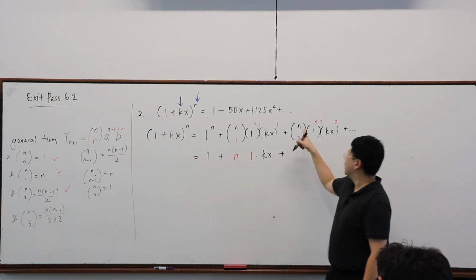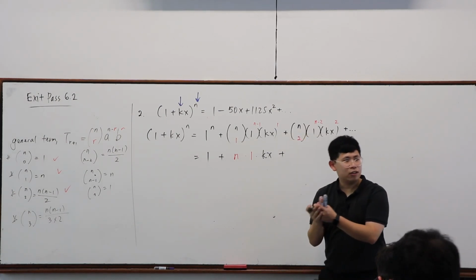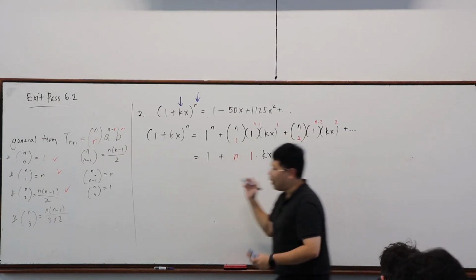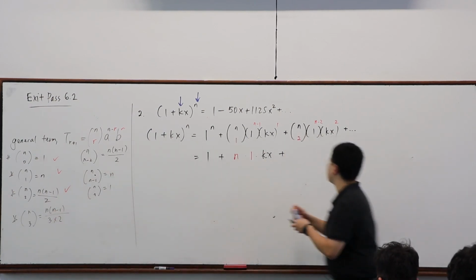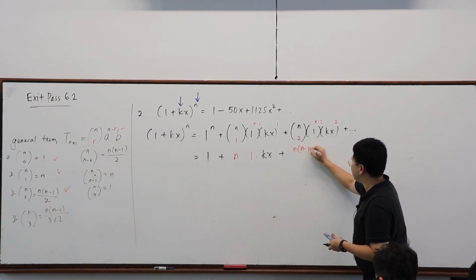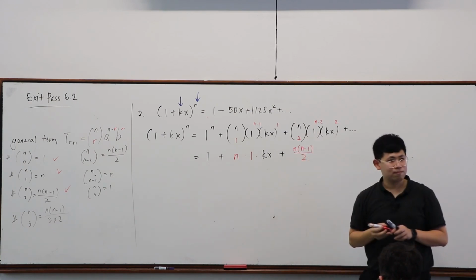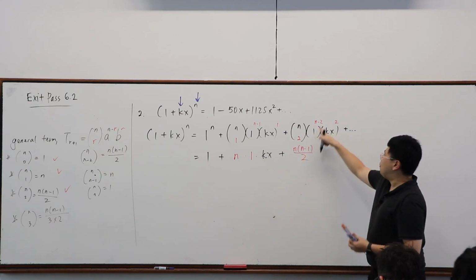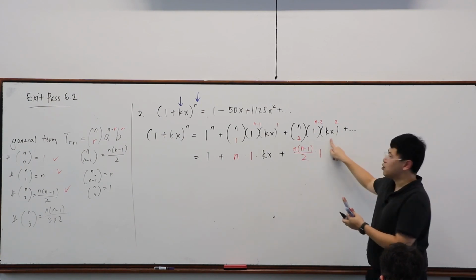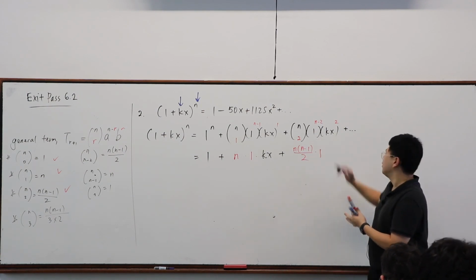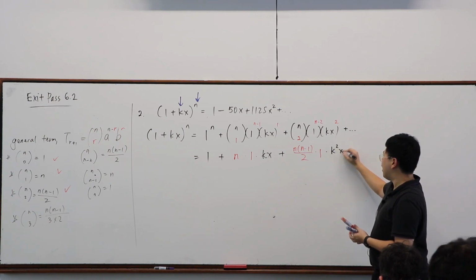We don't know the n, and we cannot use a calculator to figure out n choose something, but we have a special result. So this will be n(n minus 1) over 2. 1 to the power of anything is 1. Kx squared, be careful, this becomes k squared x squared.